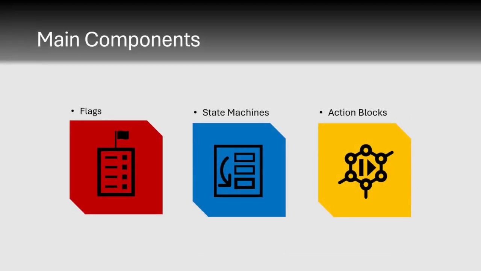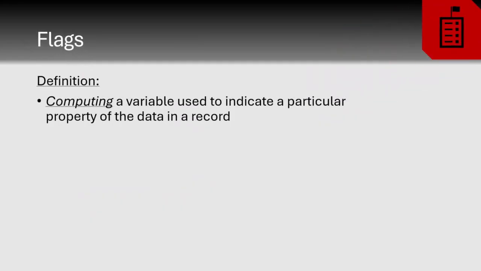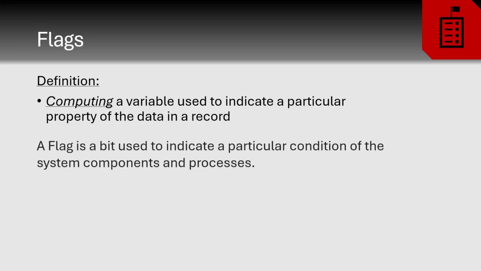Again, the main components of logic discussed here are flags, state machines, and action blocks. Flags. The actual definition of a flag in computing is a variable used to indicate a particular property of the data in a record. More specifically, a flag is a bit used to communicate a condition or to request an action.